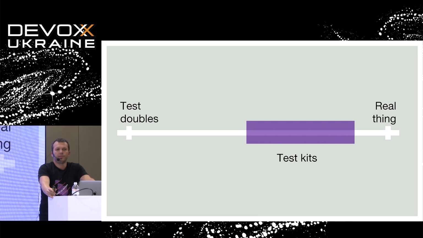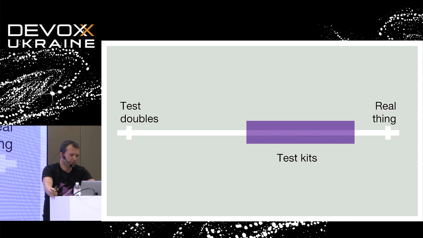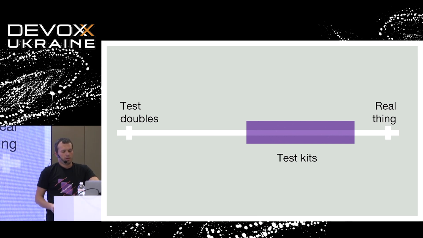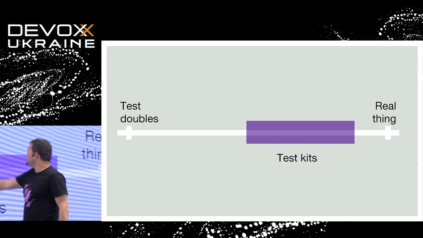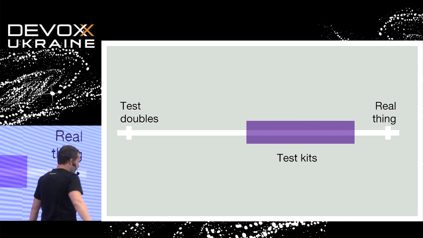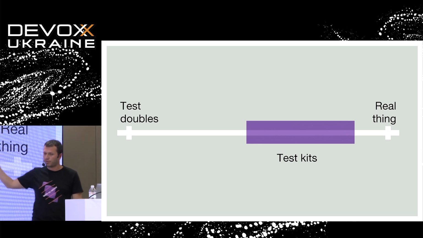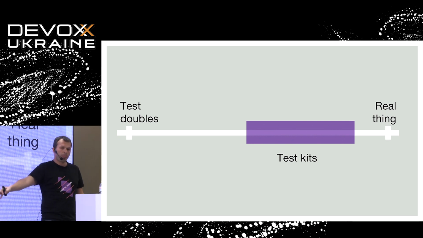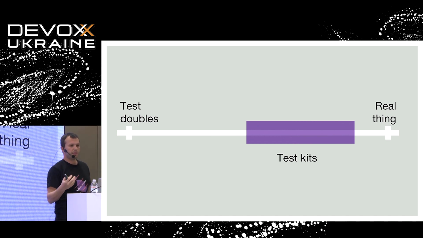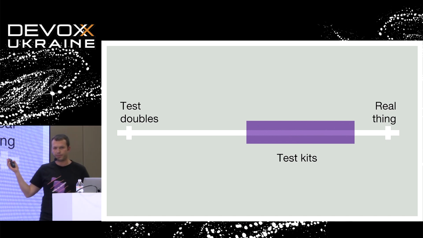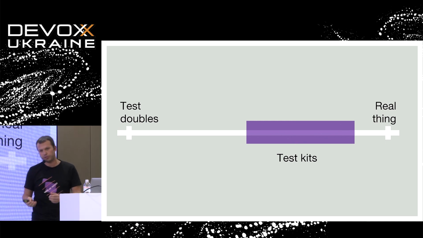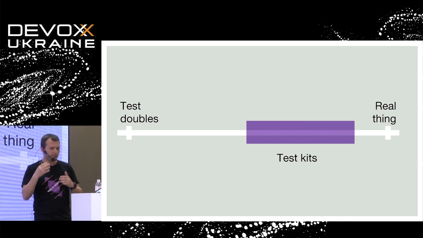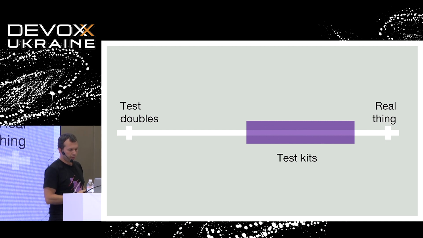I said before, it's a lightweight version of the real thing. And there is this bar between test double on this side and the real thing here. And it's something somewhere here. And the point is that you decide where you want to be. It really depends on the use case, on the situation, on your company, on your culture, on a lot of things.